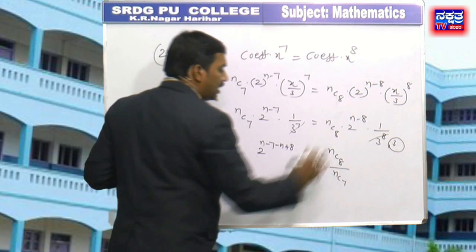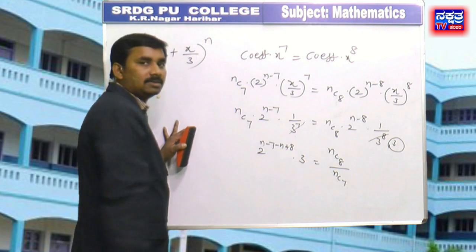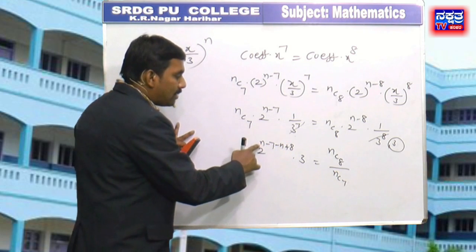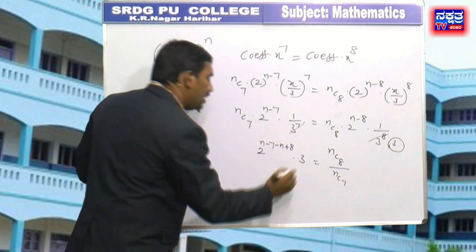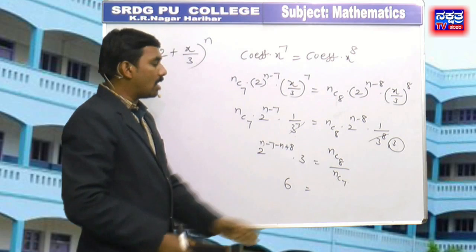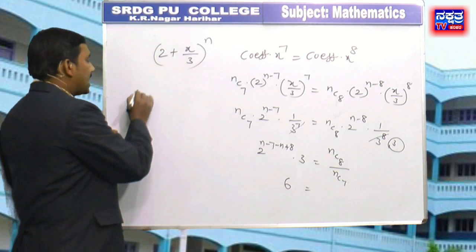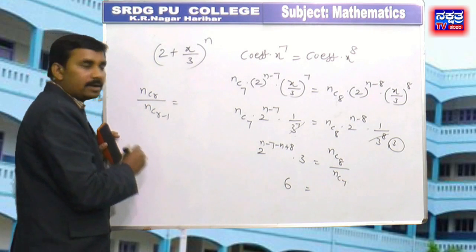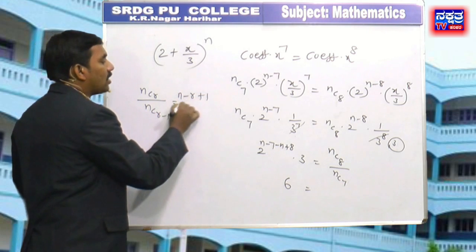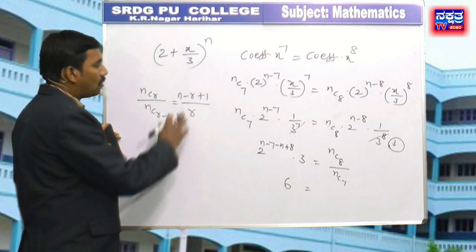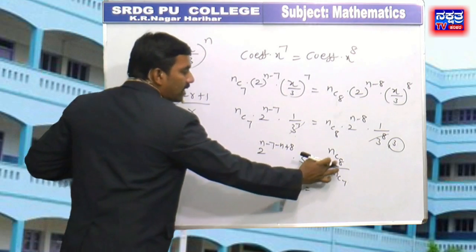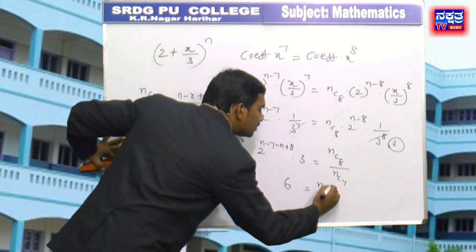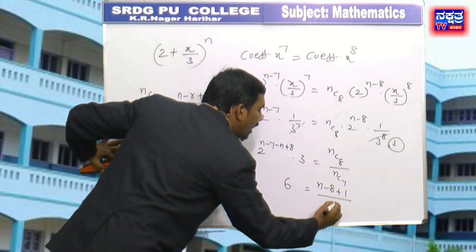So 1 by 3 will become 3 by cross multiplication. 2 power 8 minus 7 is 2, so n minus n will get cancelled. 2 into 3, 6. So now we got one more new formula. What is that? nCr by nC(r minus 1) equals (n minus r plus 1) by r. And what is the r here? In place of r we have 8, r minus 1 is 7. That is (n minus 8 plus 1) by 8.